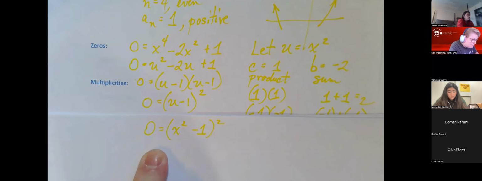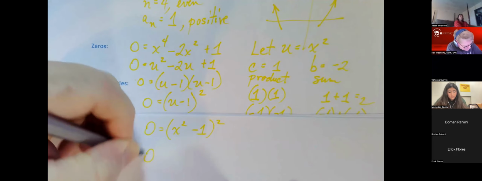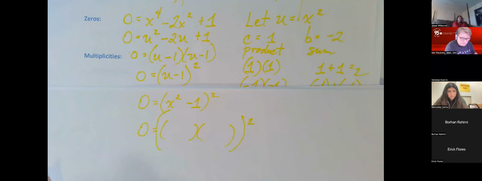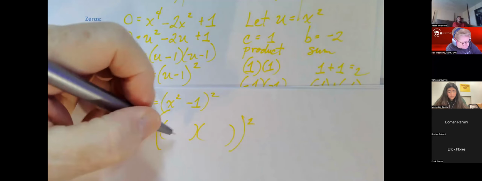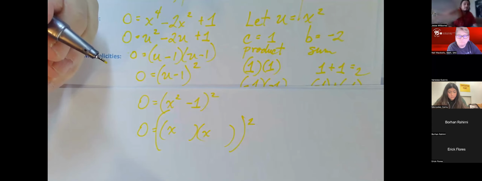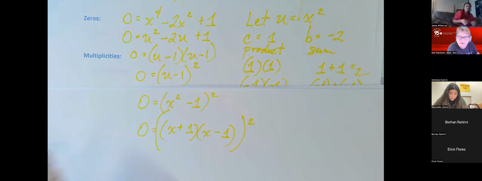Perfect square minus perfect square, we can keep factoring. So what's the square root of x squared? x. Good. And what is the square root of 1? 1. And we put a plus in one and a minus in the other.